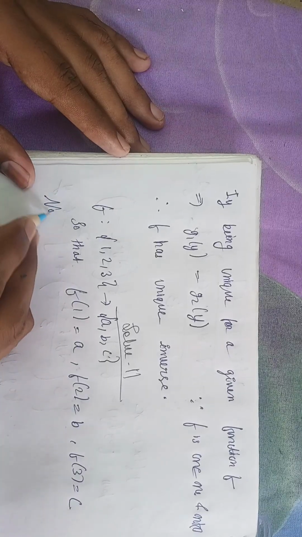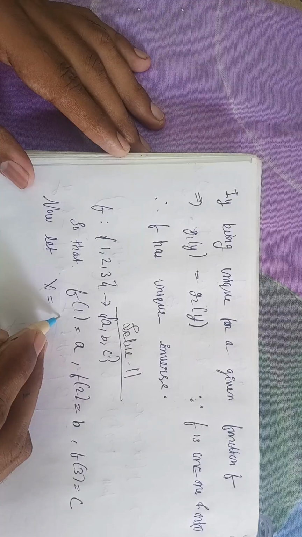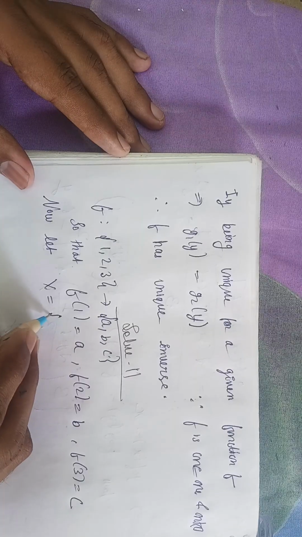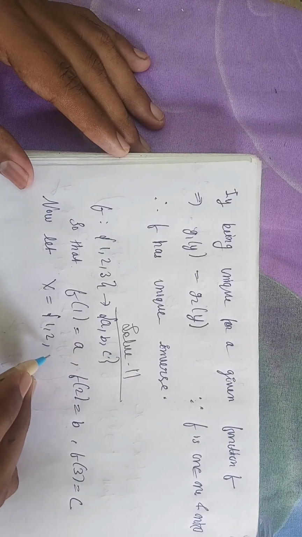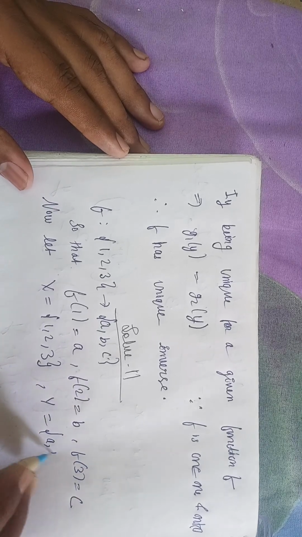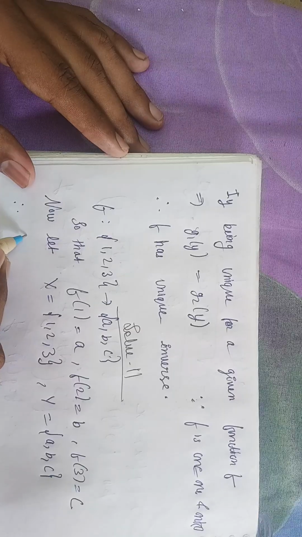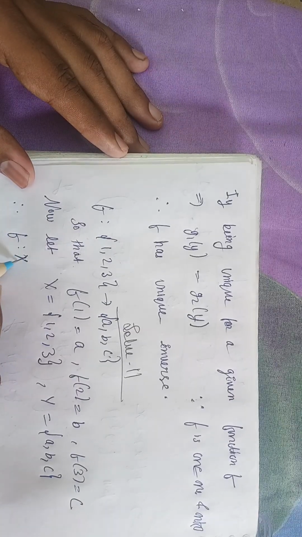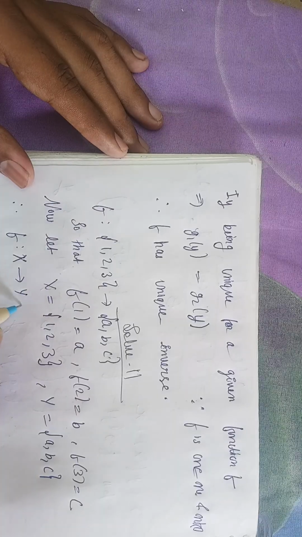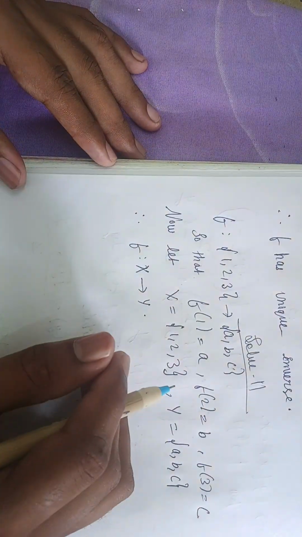Now let x = {1, 2, 3}, y = {a, b, c}. Therefore f relates x to y.